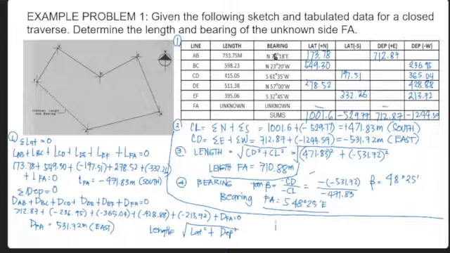And also yung ating bearing, same lang din dyan. So, tangent beta is departure over latitude. Okay? So, that is for our problem number 1, for missing data with the length of one side and the bearing of another side unknown.